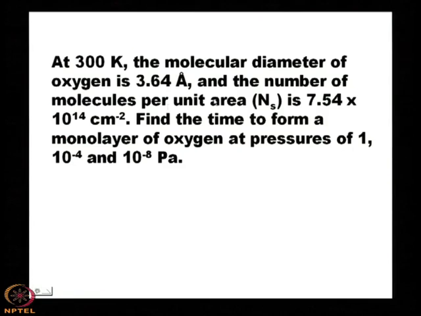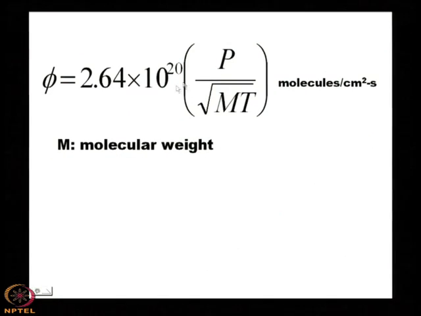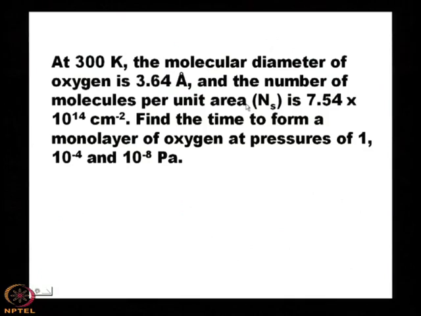And the diameter of the oxygen molecule is given. Remember that we need not use the diameter, because if you use this expression, what is required? You require the molecular weight and temperature. Since it is 300 K, the temperature is fixed, and the molecular weight, it is oxygen, you know, because the pressure is varied.